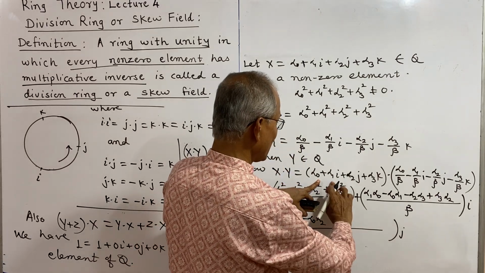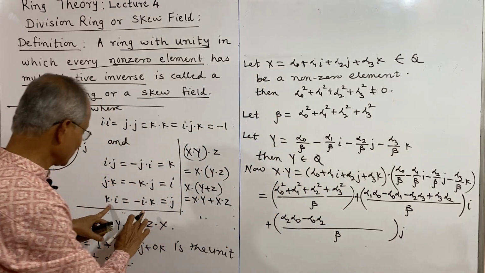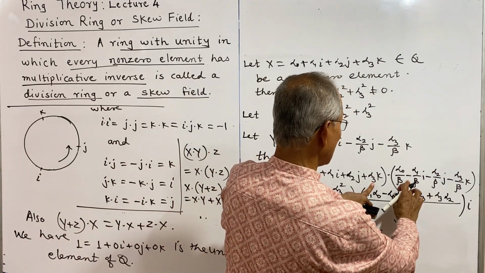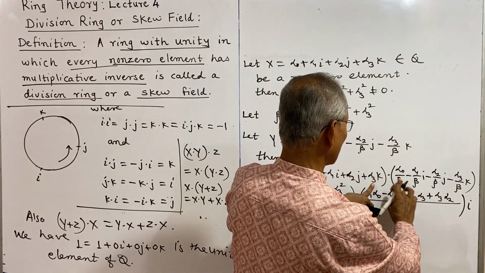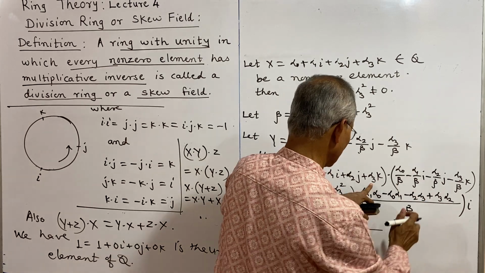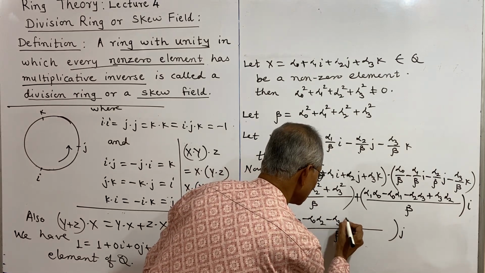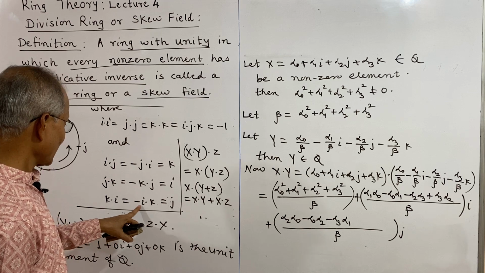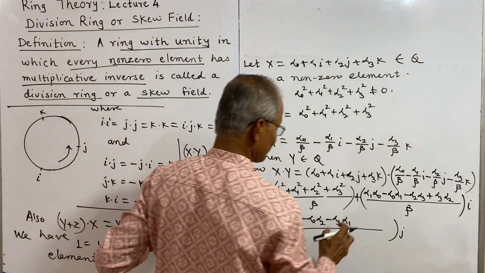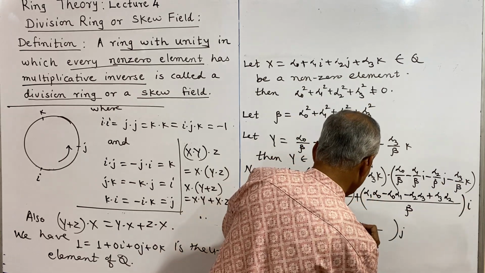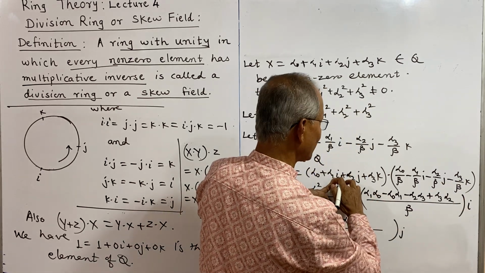And again j components are obtained by this k into i, that is minus alpha 3 alpha 1, minus alpha 3 alpha 1, j component we are considering. I into k with negative sign becomes positive, and that is alpha 1 alpha 3.